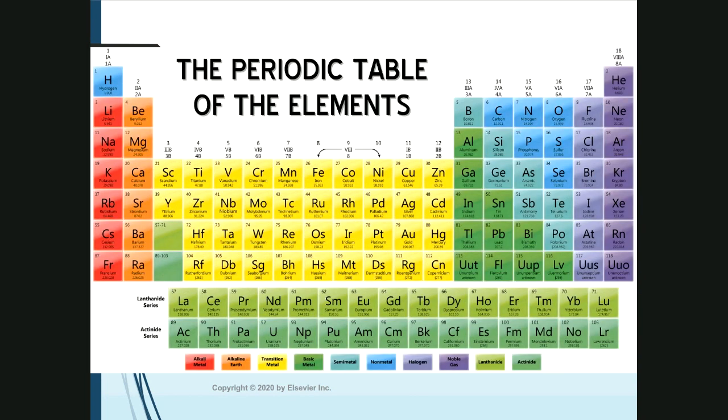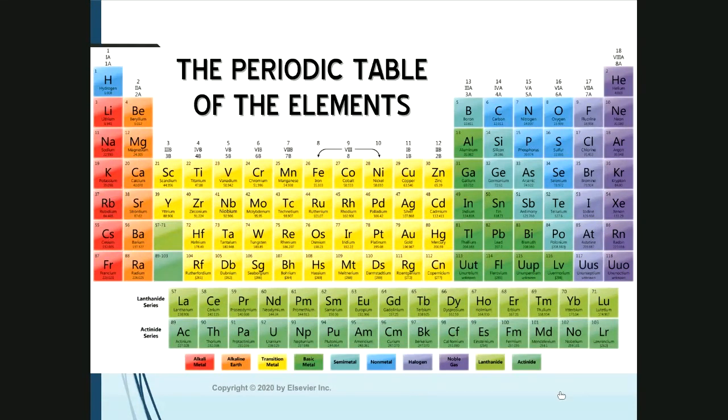Now, the periodic table of elements. I put this one in. I know it's a little bit small, a little bit hard to see, but I prefer this periodic table of elements to the one in your book, because the one in your book actually only lists 114 elements currently, and to date there are 118 so far.